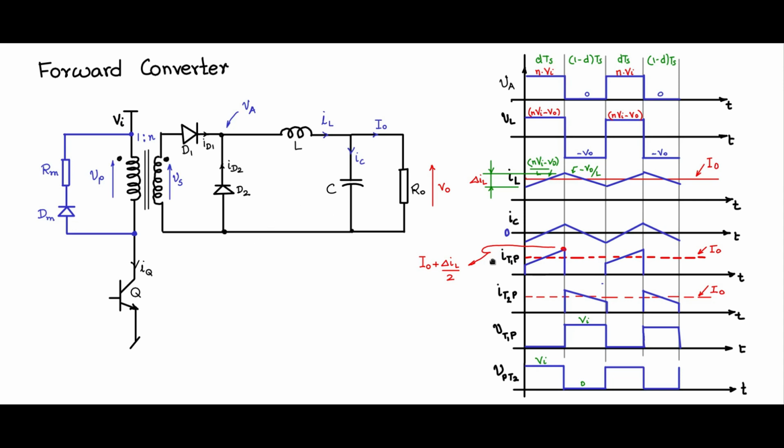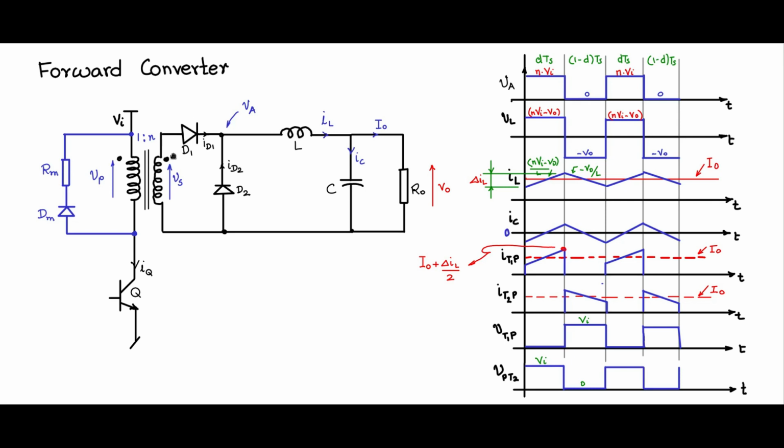Now look at the waveform here, IT1P. IT1P for the buck converter was the BJT, the controlled switch current. So during DTS time, when the control switch was on, this part of the inductor current was flowing through that switch. So you still have the inductor current flowing here.